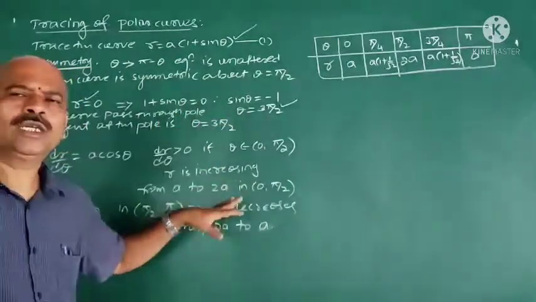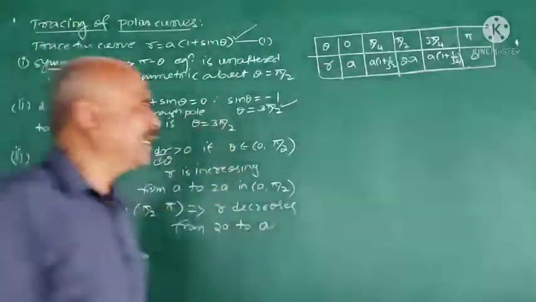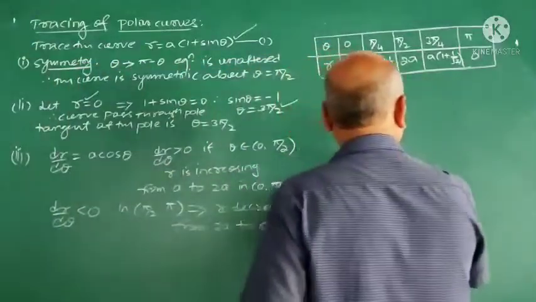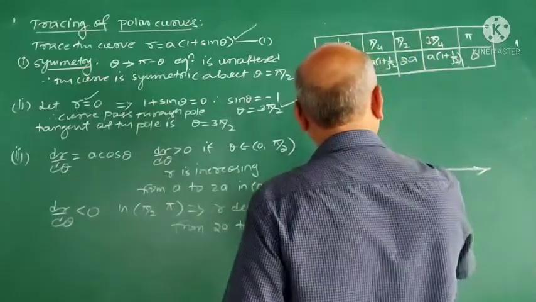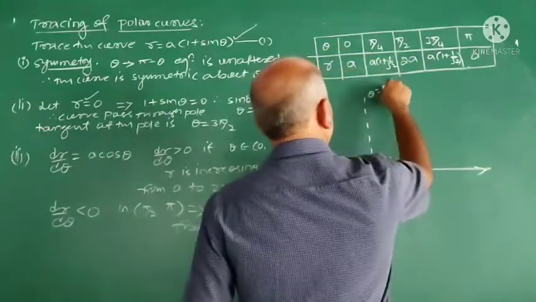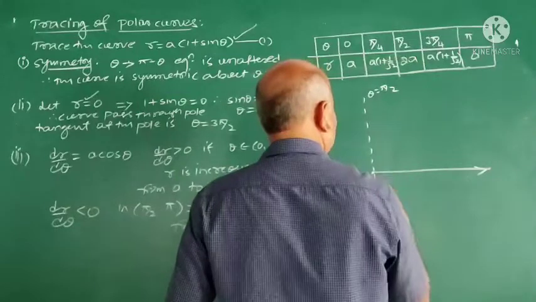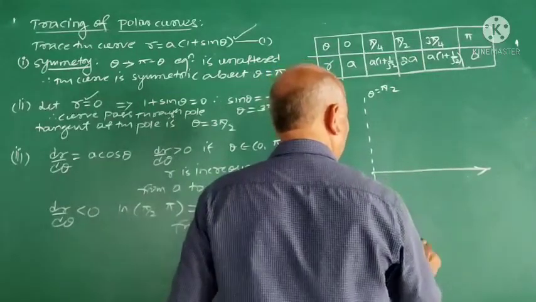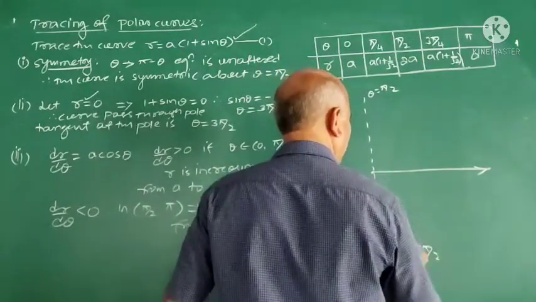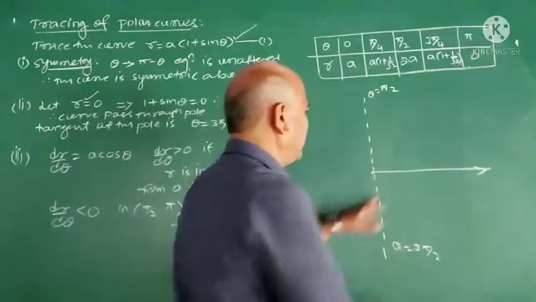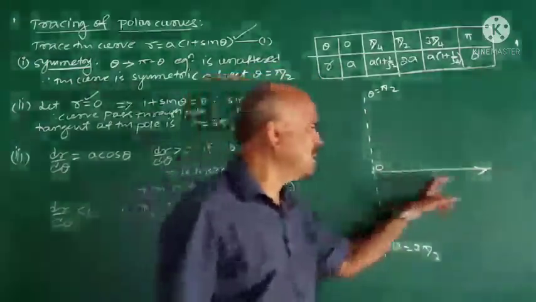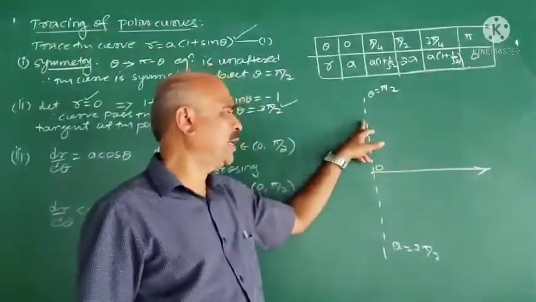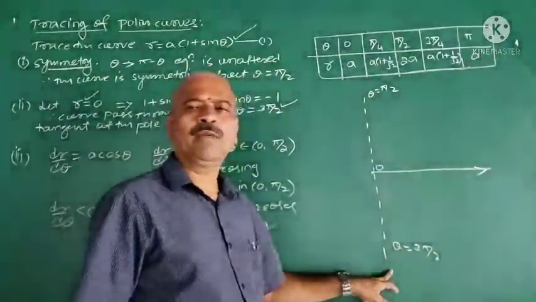Using this, now I trace the curve. I take the initial line here. This is the initial line. Theta is equal to pi by 2, and this is theta equal to 3 pi by 2. This makes pi by 2, this makes 3 pi by 2.